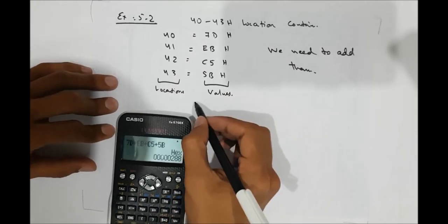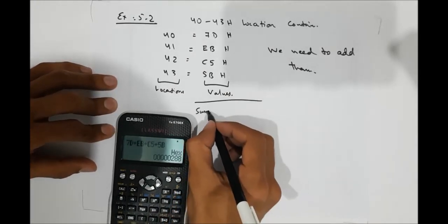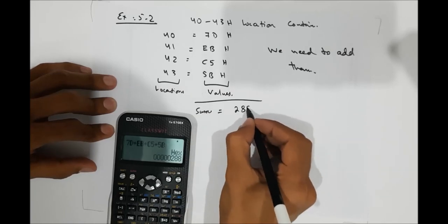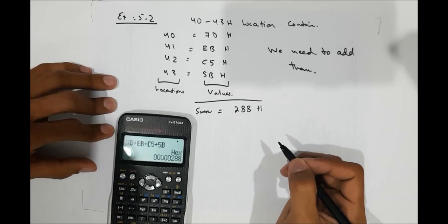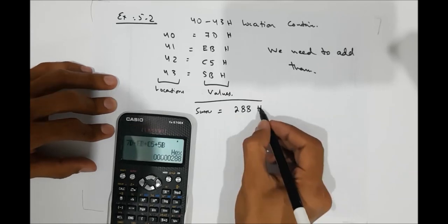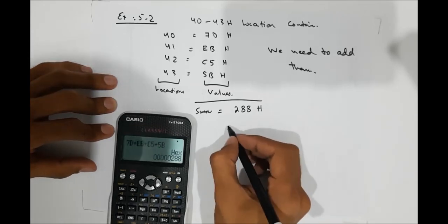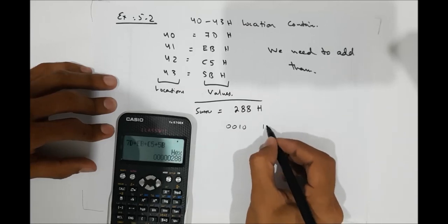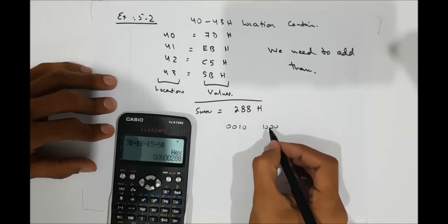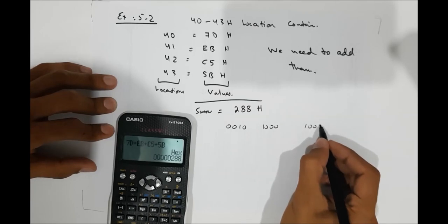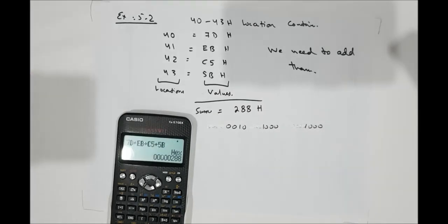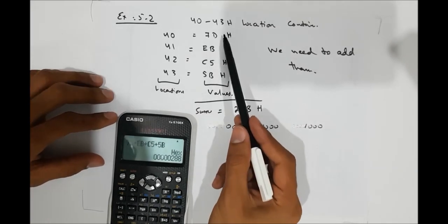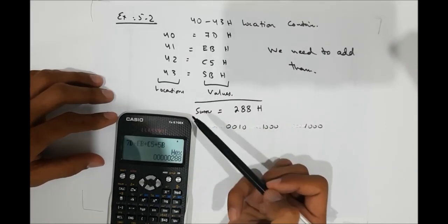The hexadecimal sum will be equal to 288H. Now 288H means 0010 1000 1000. So as we can see, all the operands are 8-bit numbers.